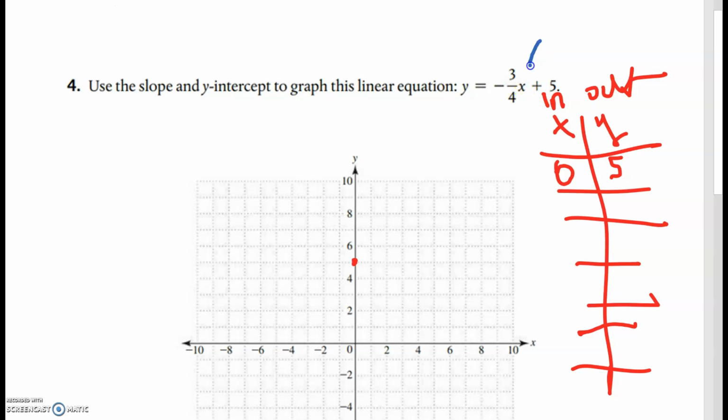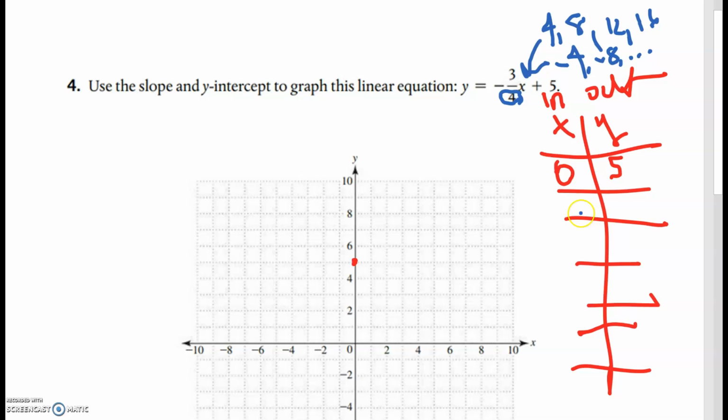But notice if x is a multiple of 4, like 4, 8, 12, 16, or maybe negative 4, negative 8, and so forth, that 4 is going to be divisible in there, and so you are not going to get any decimals or fractions. You're going to get nice integers for answers.